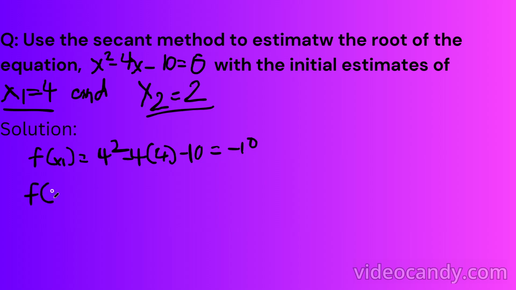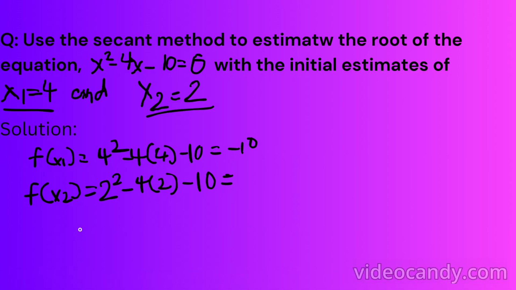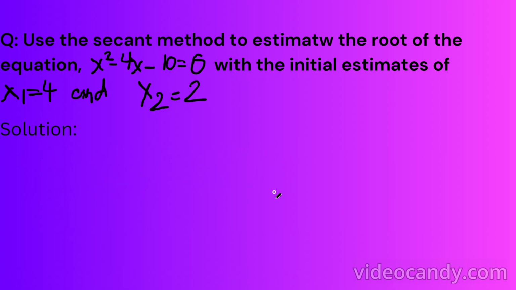And the next one, f of x2 is 2 square minus 4 times 2 minus 10, and the answer is negative 14.